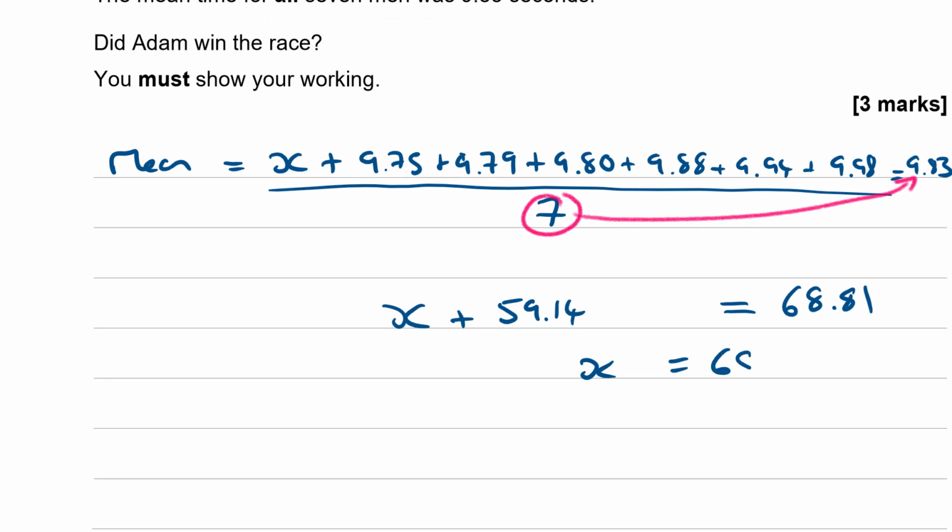Taking my 59.14 to the other side and subtracting from my other value, so 68.81 minus 59.14, answer 9.67. So, did he win the race?